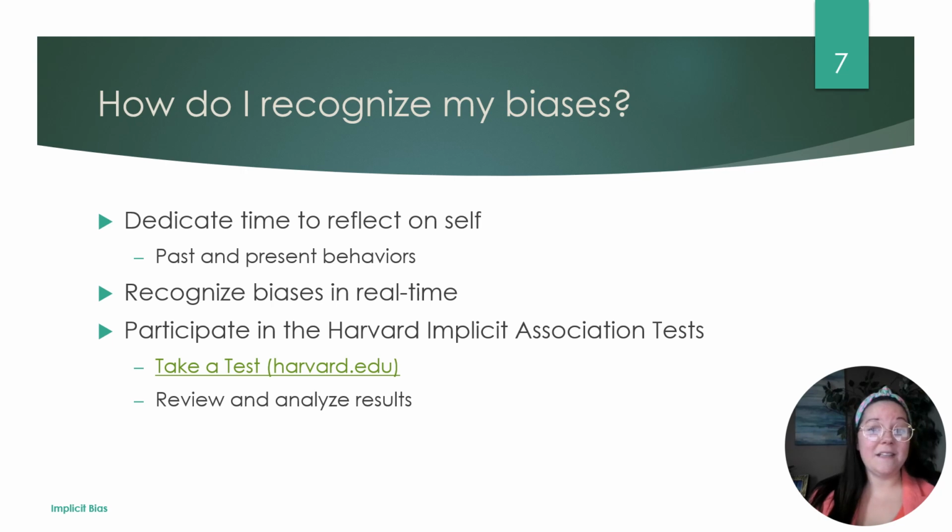Oftentimes, when you take a test, you'll find that your conscious beliefs and values don't align with the results that you received. And this is why it's so important to dedicate this time to really understand where our biases come from, so that as we continue to do work, we can ensure that they aren't influencing our judgments and behaviors in the future.